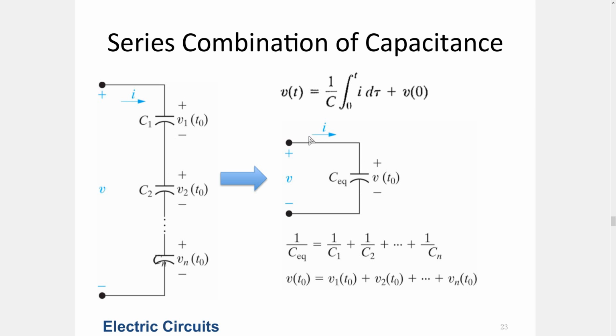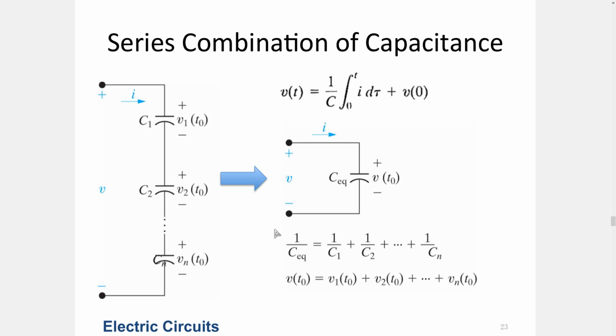When we connect capacitances in series, we obtain a smaller capacitance, as you can see. This is interesting because it's the opposite when you compare it to the relation of the resistors and inductors.